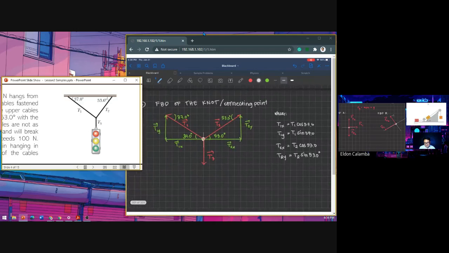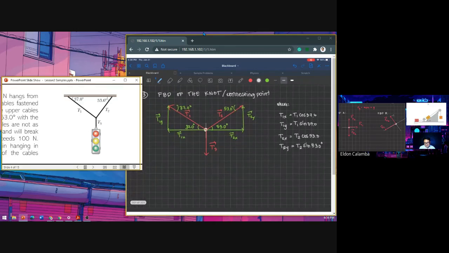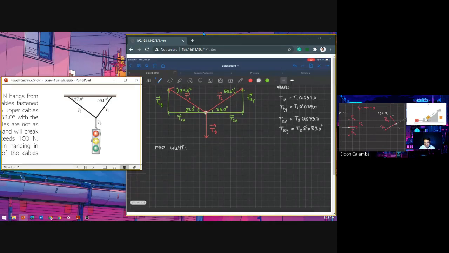And then let's have the free body diagram of the street light mismo. FBD of light. Ayan. So, free body diagram of the light. You have T3. And then you have the weight of the light. So, Fg.